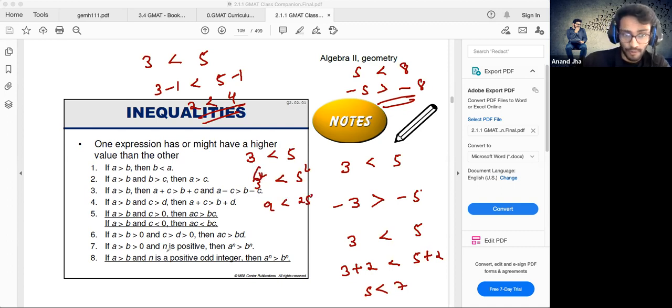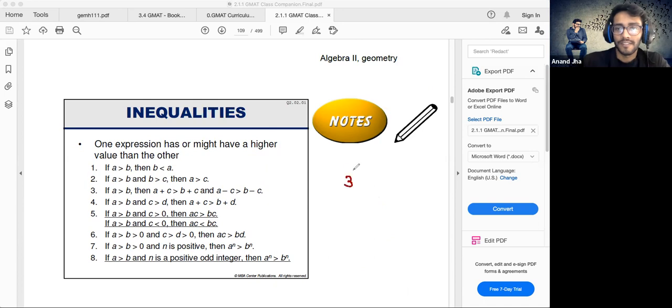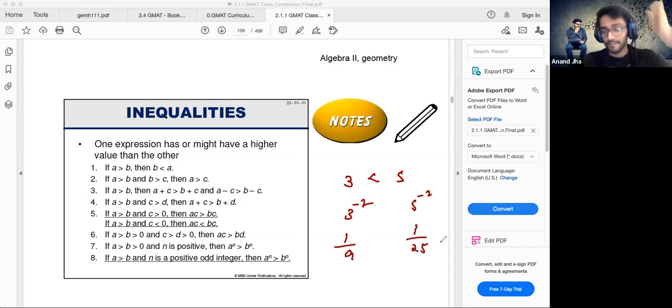That's what it says. Your book says n has to be positive. I'm not talking about a negative power. Of course, that will change. Say, for example, 3 power minus 2 and 5 power minus 2, with 3 less than 5. Let's check it out. 3 power minus 2 is 1 by 9 and 5 power minus 2 is 1 by 25. Which is more? Right?